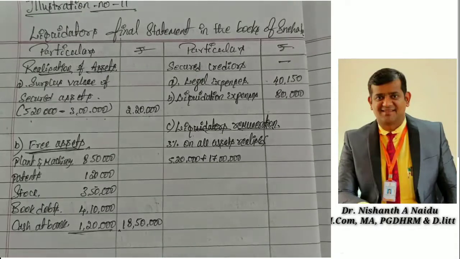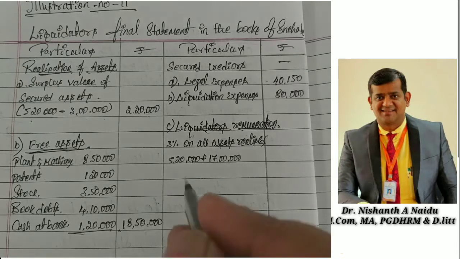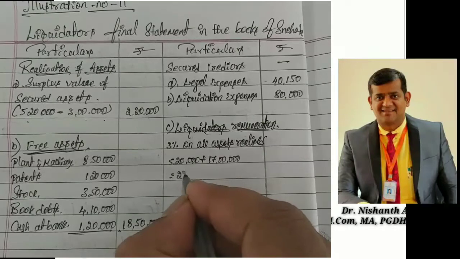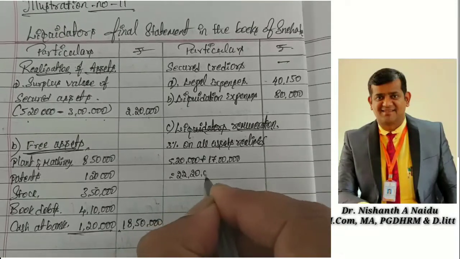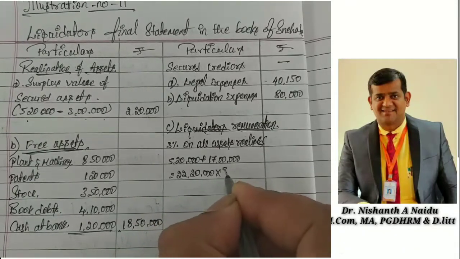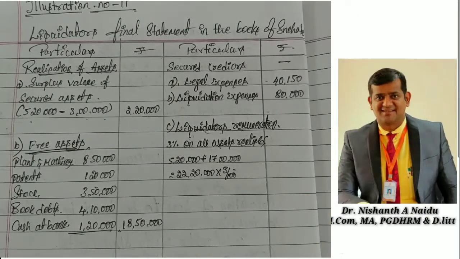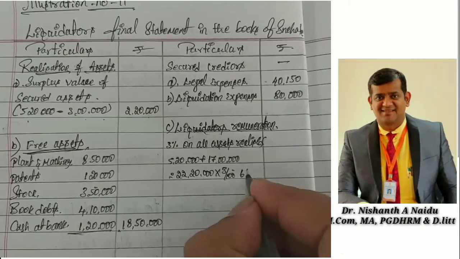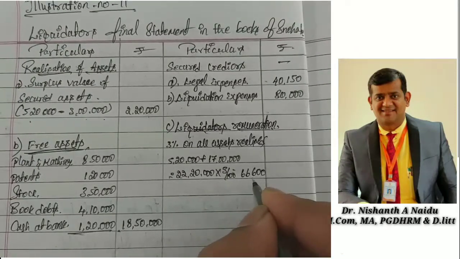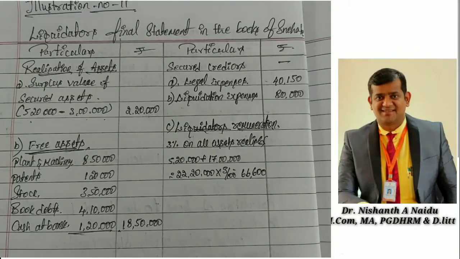Now add both, 17 lakh plus 5,20,000, that comes to 22,20,000. 22,20,000 into 3%, that comes to 66,600. So we have done 3% on assets realized.